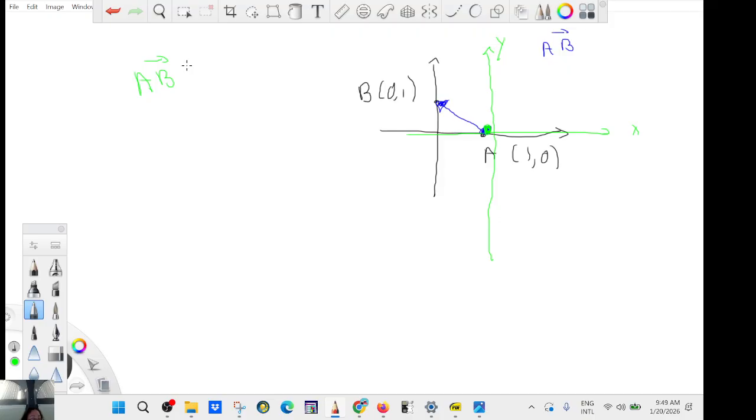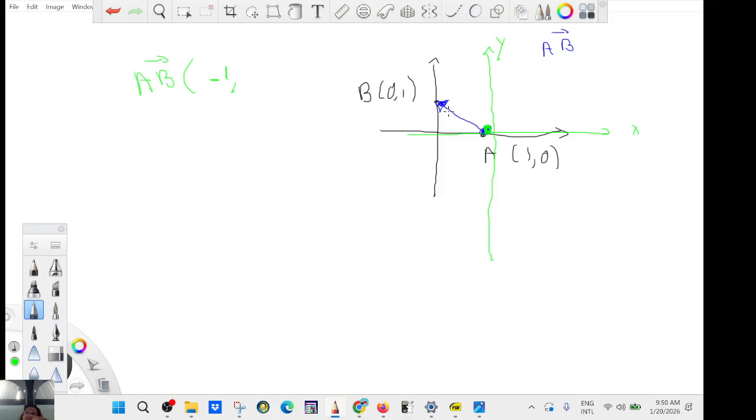And then you go from the tail to the head. In that coordinate system, what's going to be the run here? Yes, one to the left. So it's going to be what? -1. So you go from the tail to the head.